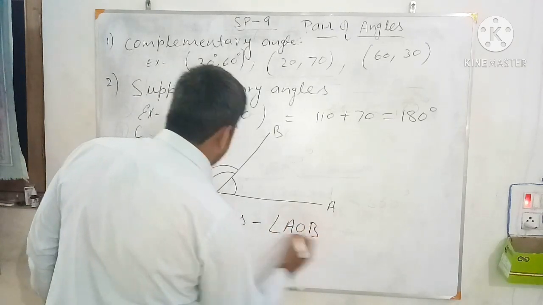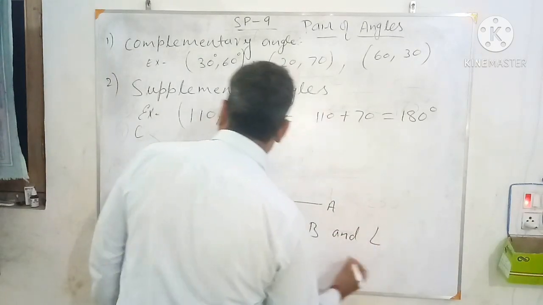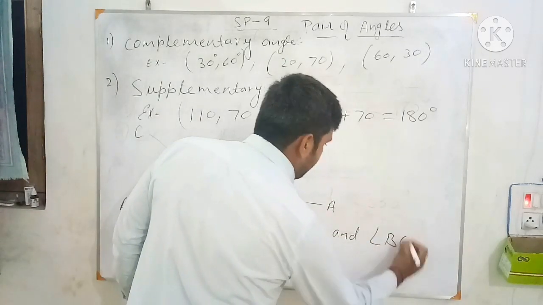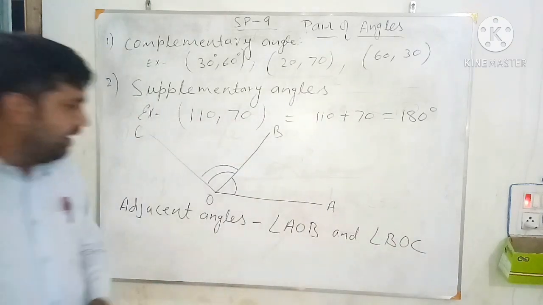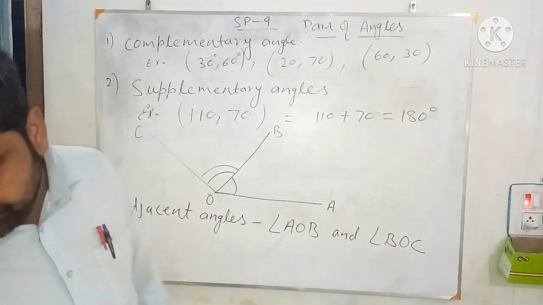So angle AOB and angle BOC are the pair of adjacent angles.